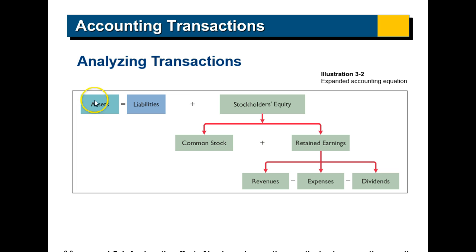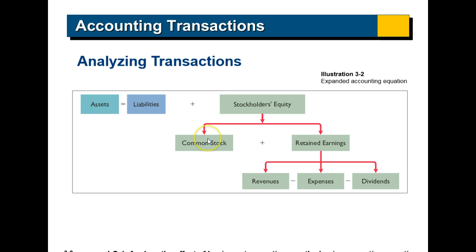We know that assets equal liabilities plus stockholders' equity. In stockholders' equity, it's kind of like a conduit for a lot of things. Remember our income statement, how I told you it ties into the balance sheet? The way the income statement ties into the balance sheet is in stockholders' equity.